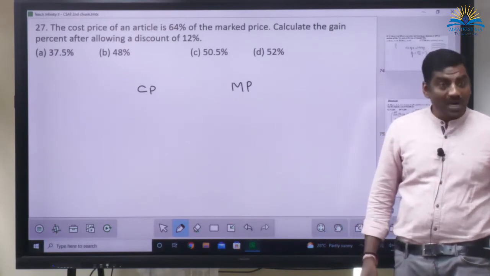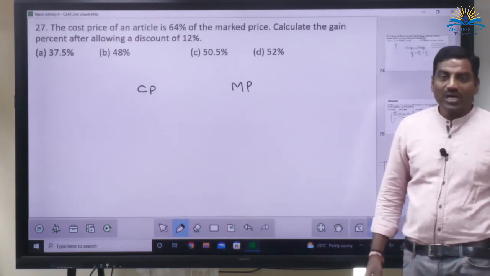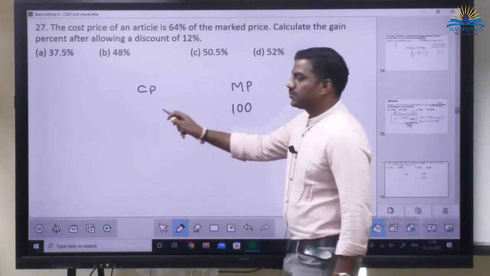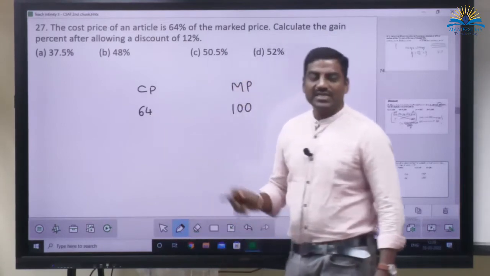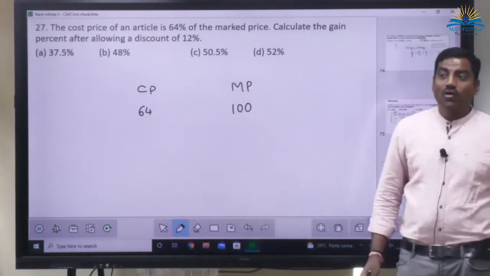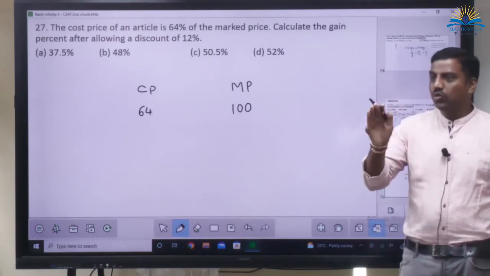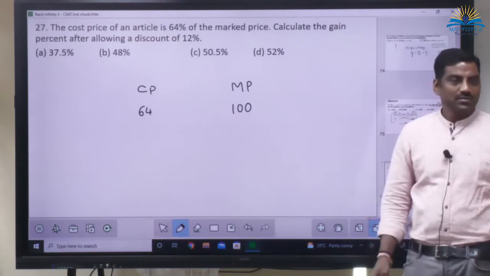So if I assume market price, can I calculate the cost price? So I'll assume market price as 100. So what will be the cost price? Cool. So always write this 100 for what? That makes sense. If you get to know what to assume as 100, your problem is done.